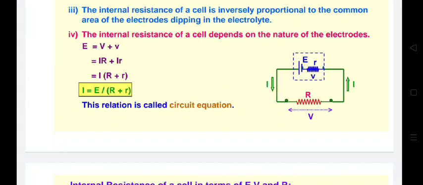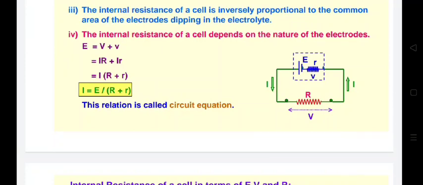Next, when current is taken from the cell, the term I into r is greater than 0, and in that case terminal voltage is always less than the EMF of the cell. As the value of I increases, V will decrease.